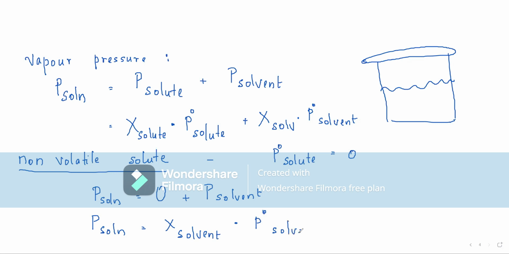Now in the next step, I will replace this X of solvent, because we know X of solute plus X of solvent is always equal to 1. Therefore, X of solvent has to be equal to 1 minus X of solute.